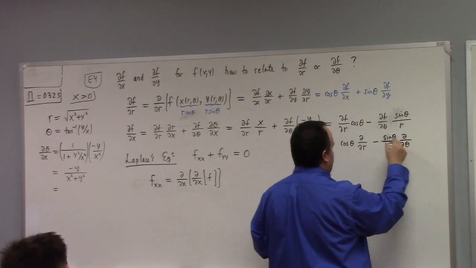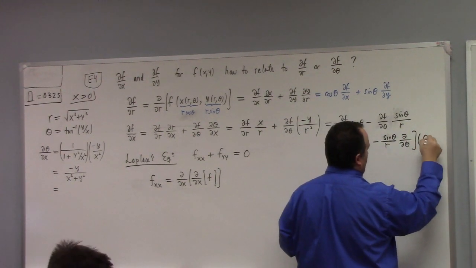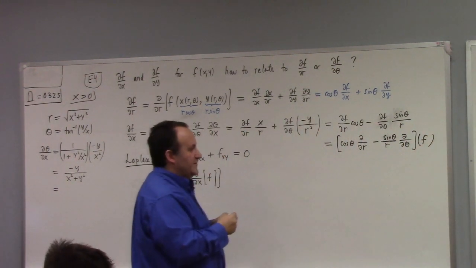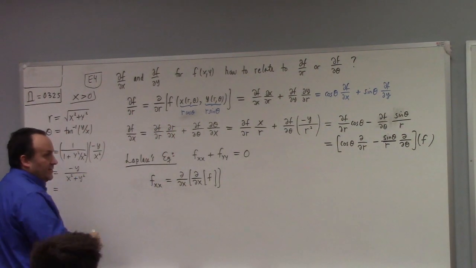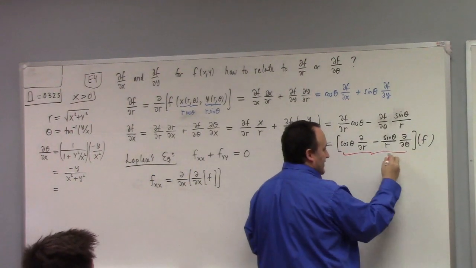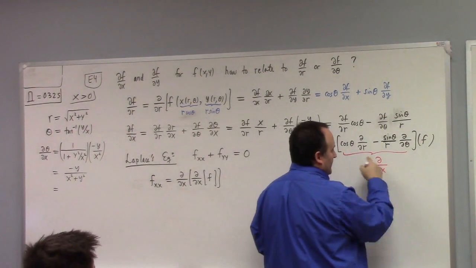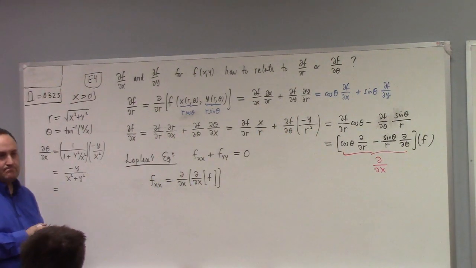See, that is the differential operator here, which acts on f. In other words, I can think of this chain rule as showing me that the partial differentiation with respect to x, you can trade it in terms of polar partial derivatives. That's what it is.